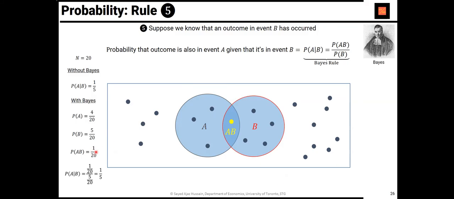That was simply 1 divided by 20. What was the chance of B originally in the big giant sample space? It was 5 over 20. And Bayes' rule then says take 1 divided by 20, A and B, divide by 5 over 20, chance of B, and it gives you 1 divided by 5, which is exactly what you would have gotten had you not used Bayes' rule.